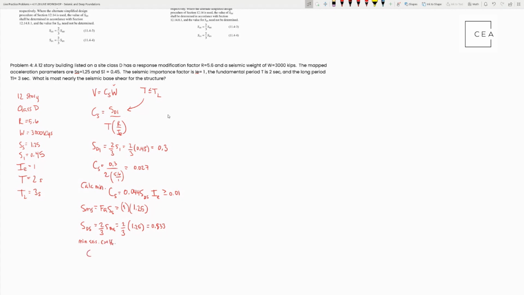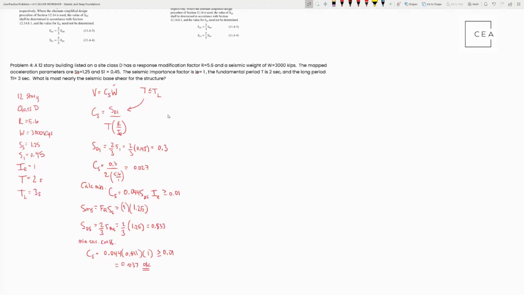So now we can plug it in here. So CS is equal to 0.044 times 0.833 times 1. And that has to be greater or equal to 0.01. If I work that out, I get an answer here equal to 0.037, which is okay.